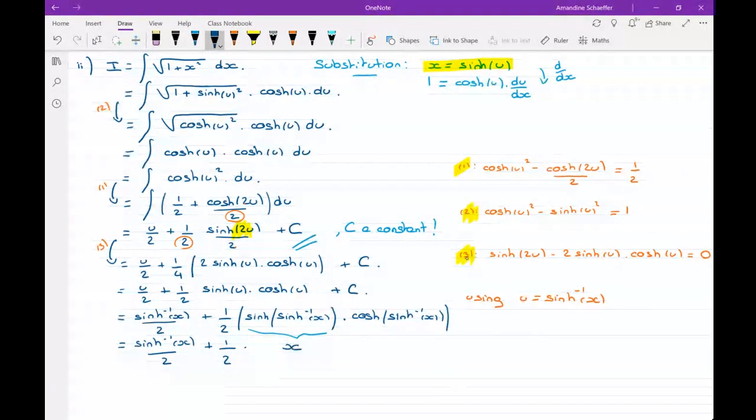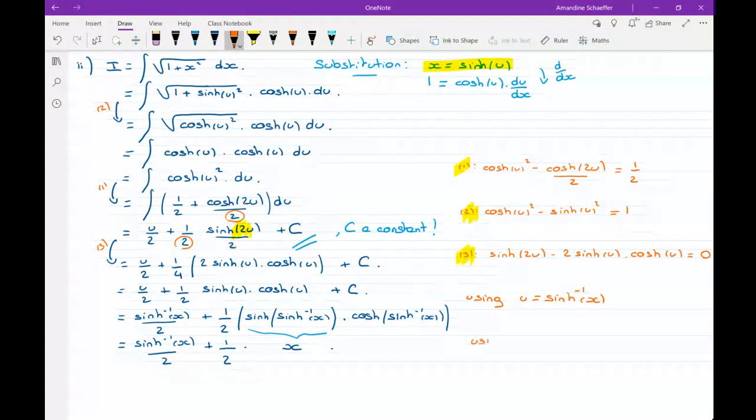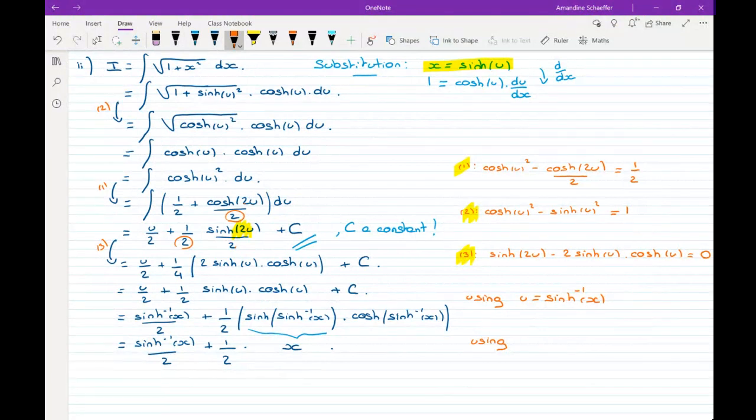So x. And then cosh of sine -1, well, we're gonna use again the fact that there's a link between cosh and sine, which is the second one, which you should actually know.